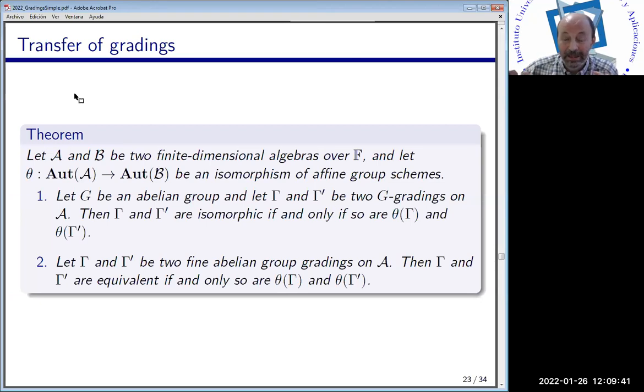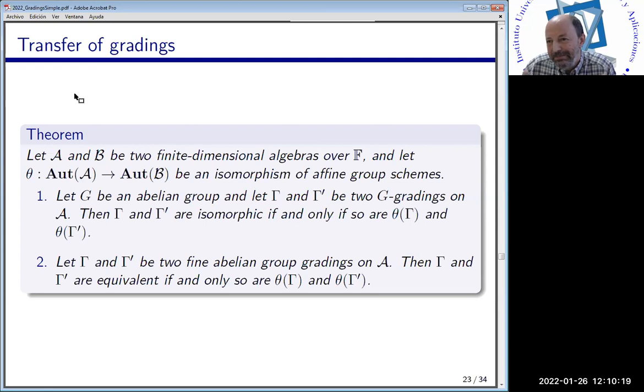So in order to classify simple Lie algebras of type A over fields of prime characteristic, we have to classify, let's say, twisted forms of the special linear Lie algebra. Well, we can classify twisted forms of the corresponding algebra of matrices, which is associative. Well, not exactly, because the group schemes of automorphisms in type A are not exactly isomorphic, but almost. And then one classifies associative algebras.